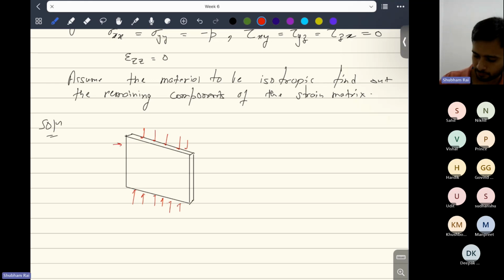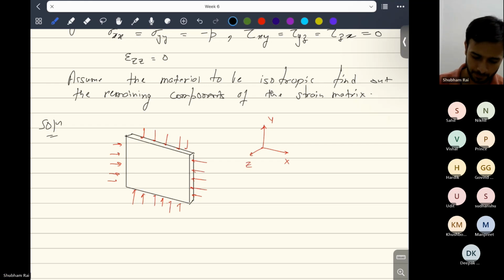On this side also and from this side also. And your coordinate system is, let's say you have this y, along here you have x, along the thickness direction you have z.